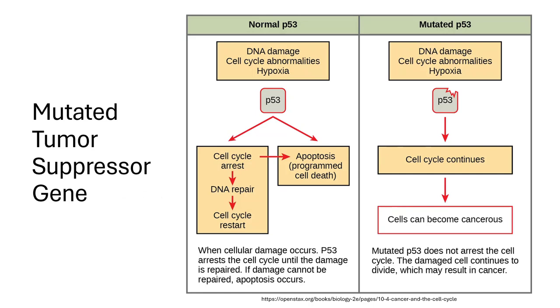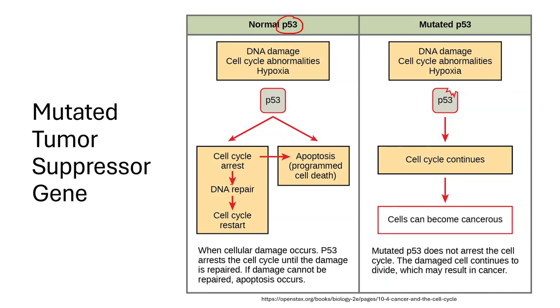So let's look at a mutated tumor suppressor gene. This is a very commonly mutated protein called P53, and it's mutated in a very large number of human cancers. So what normally should happen is you have some sort of DNA damage that should trigger, P53 should trigger cell cycle arrest.